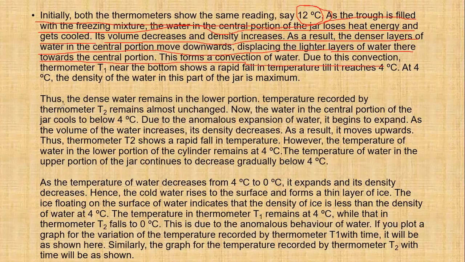Due to this convection, thermometer T1 near the bottom shows a rapid fall in temperature until it reaches 4 degrees Celsius. At 4 degrees Celsius, the density of water in this part of the jar is maximum.